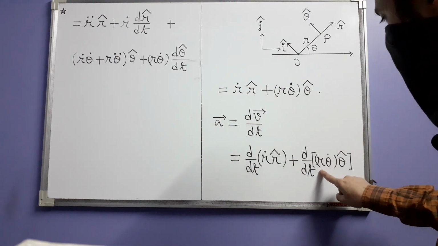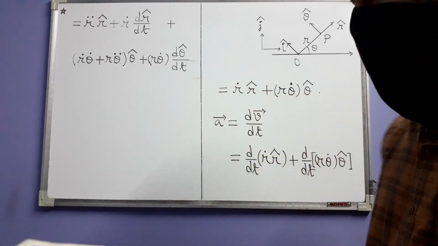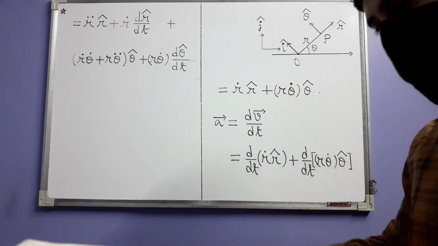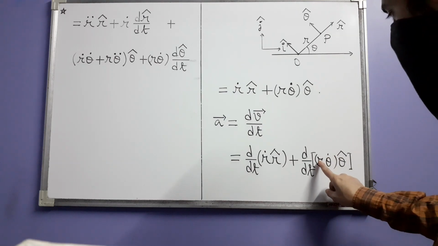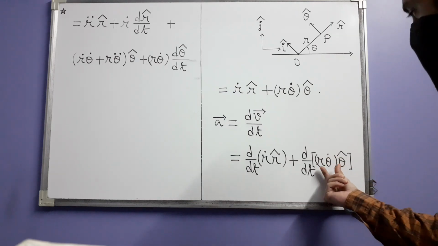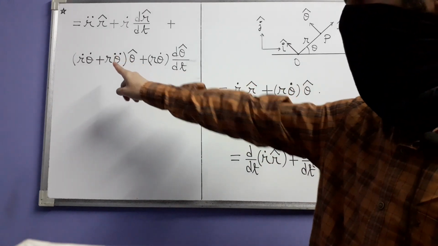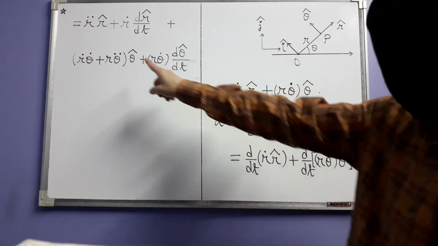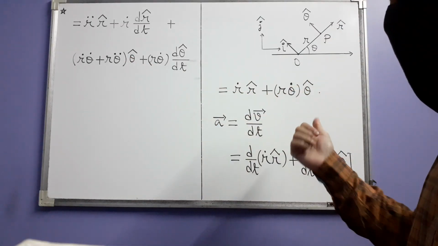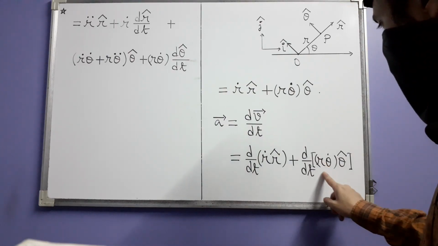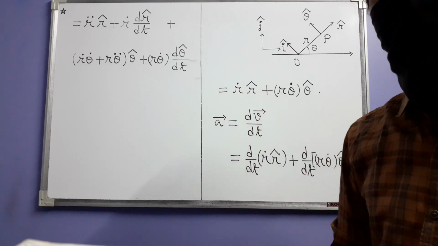So first you differentiate this product keeping this untouched, and there itself there is another application of the product rule. So by the product rule, the derivative of this part with respect to t becomes R dot theta dot plus R times theta double dot. Outside you have theta hat, and then in the next term you keep this intact and you differentiate theta hat with respect to t.